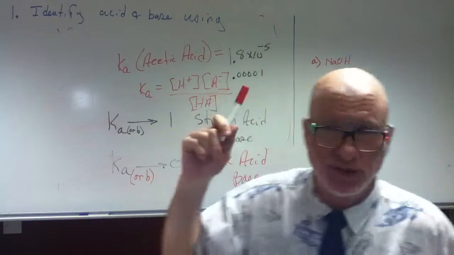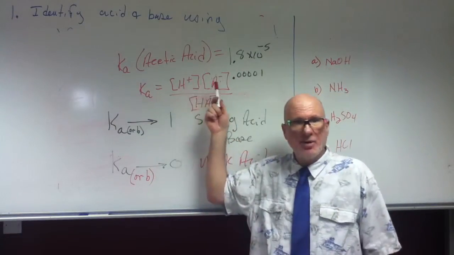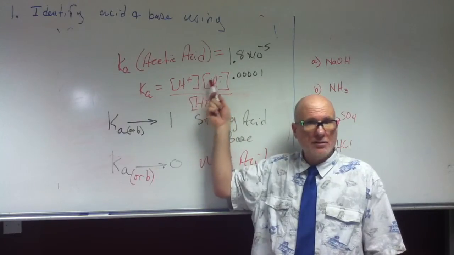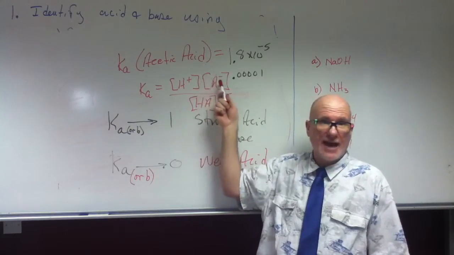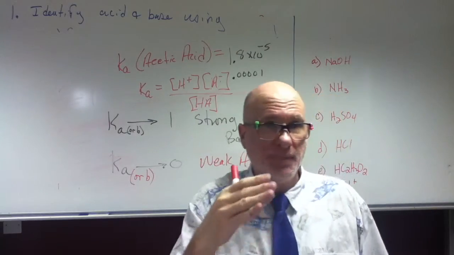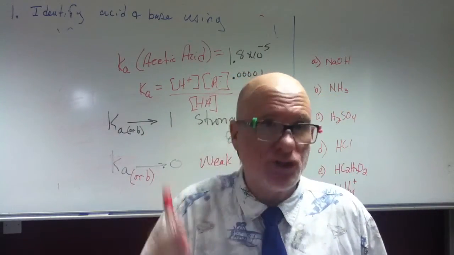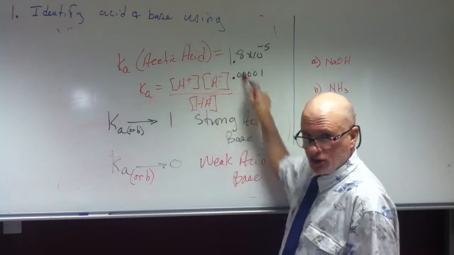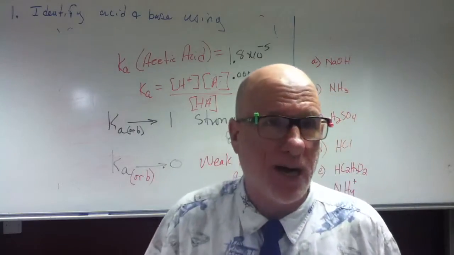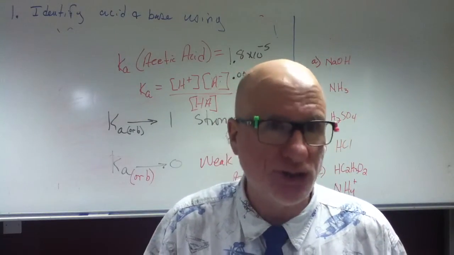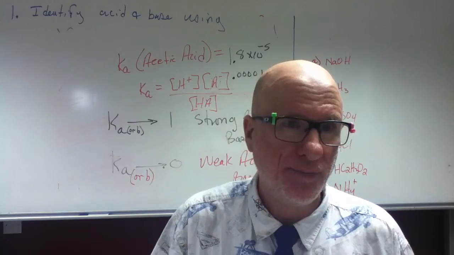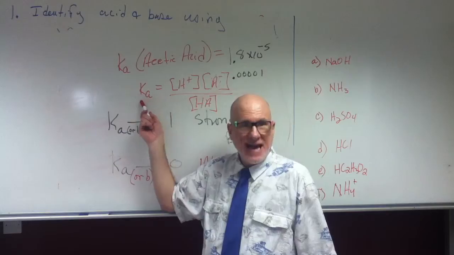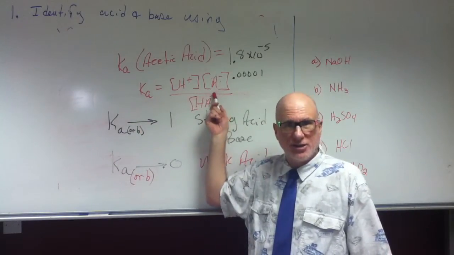If this number is small, and that's large relative to that, is the quotient going to be large or small? Small. That's the quotient. What's that quotient represented by? The dissociation constant. That represents the quotient. Do you understand that?